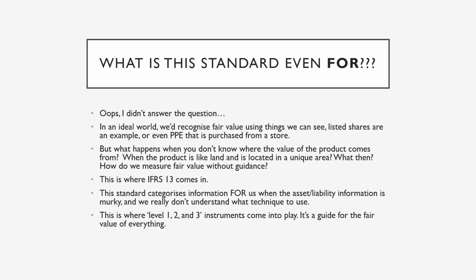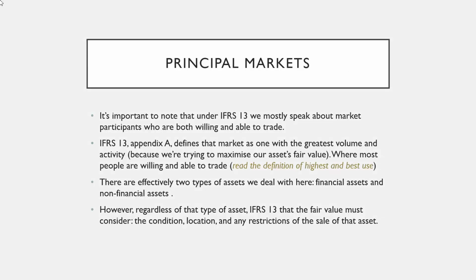to be determined. So it's important to note that under IFRS 13, we mostly speak about market participants. And as I said, they are both willing, so they're not forced or judged, and able to trade. IFRS 13 Appendix A, please read your definitions.